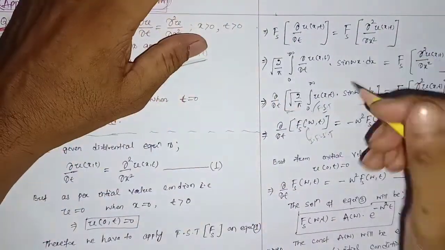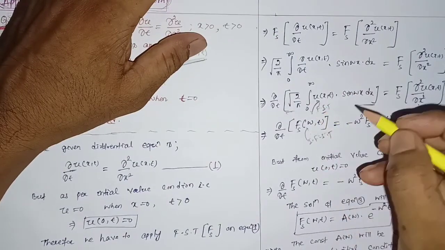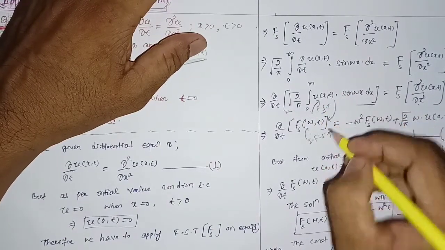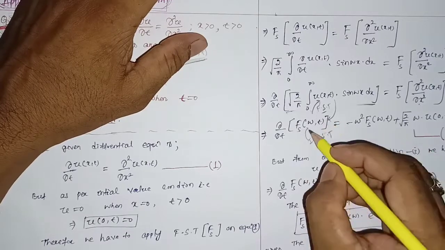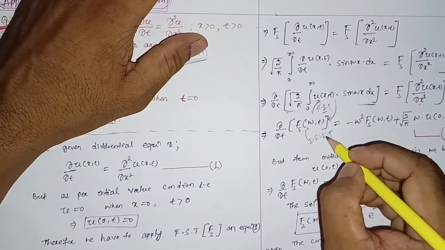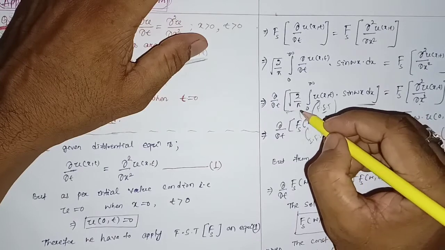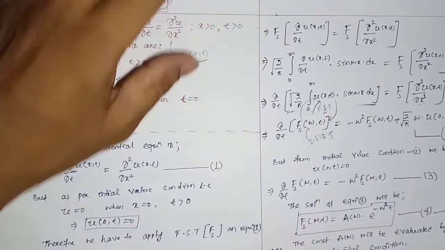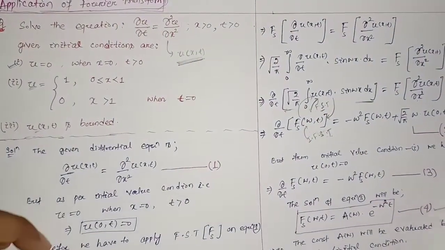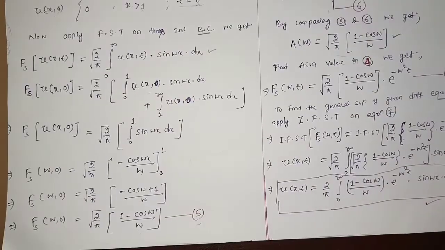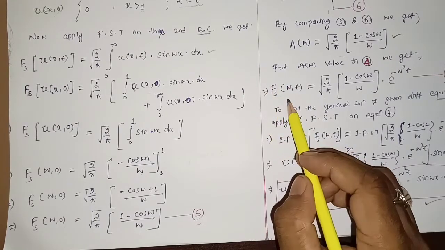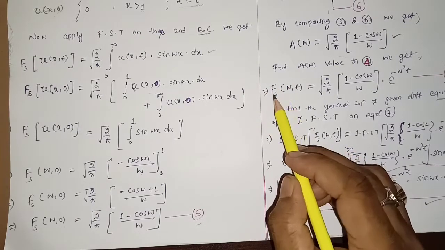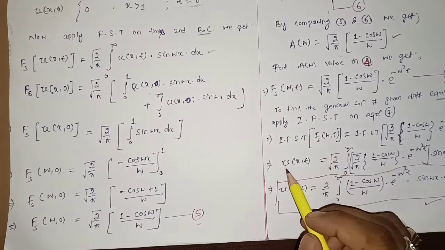So I applied the Fourier sine transform and found Fs(omega, t). Whenever I apply the inverse Fourier sine transform on this, I will again get the small u(x,t). In your equation number 7, capital Fs(omega, t) is there. So if I apply the inverse Fourier sine transform over this, I will get the small u(x,t).